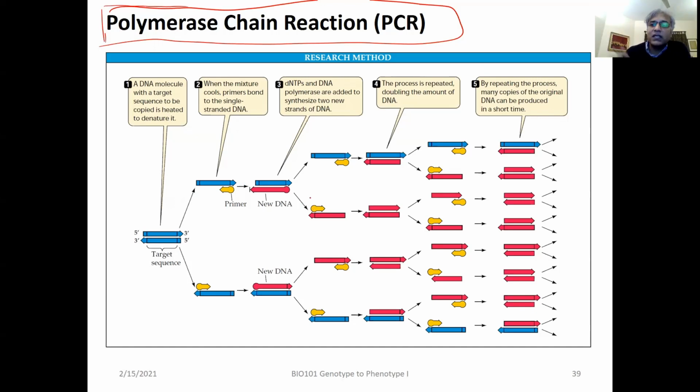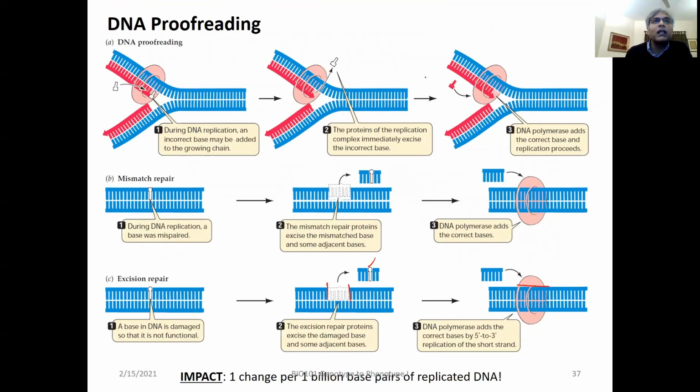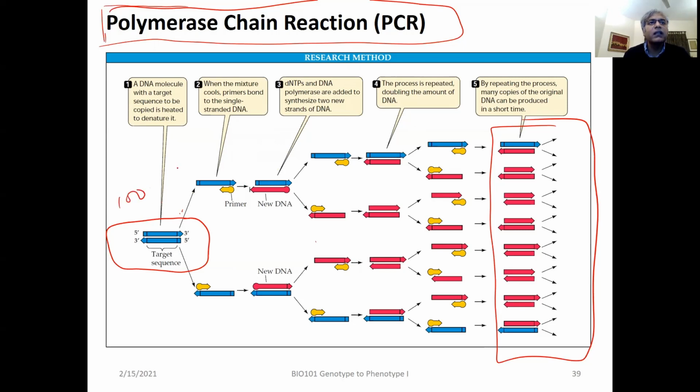PCR is a machine which mimics the process of DNA replication, and using PCR you can copy, let's say you have 100 copies of COVID in your blood sample. You can amplify it following this DNA replication principle. This machine is designed so you can amplify this 100 exponentially after 35 cycles. You can think how many millions you will have, and that's all.